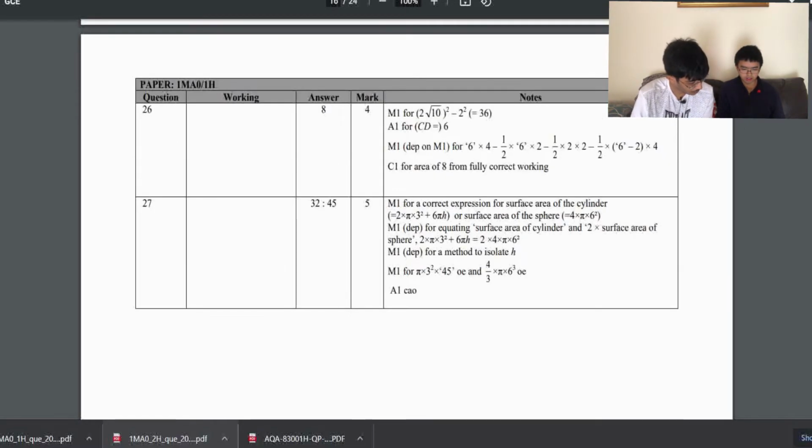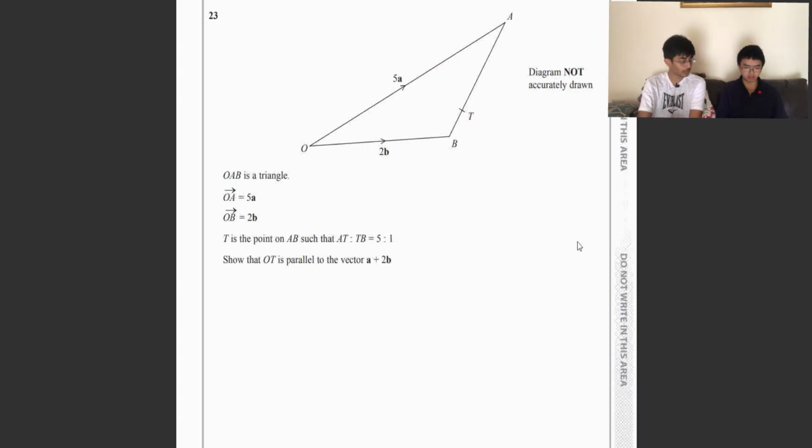Cool. Okay, so we need to show that OT is parallel to A plus 2B. So when vectors are parallel, they are multiples of each other, so scalar multiples of each other. And we're given that T is on the point of this line such that AT to TB is 5 to 1.